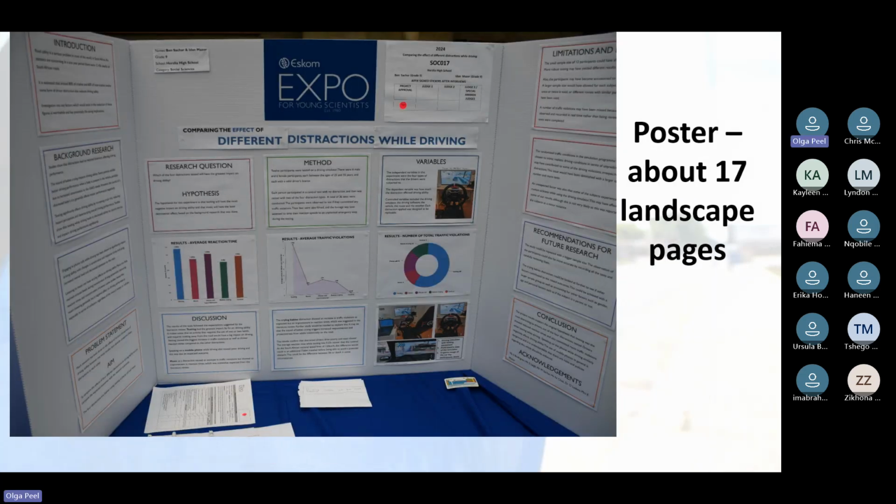Let's look at this poster at 17 landscape pages last year, and you can actually see how nicely it's set out. Now, teachers, unfortunately, we can't lend the poster boards, the white ones. We've had problems never getting them back in the past or getting them back in a damaged state.